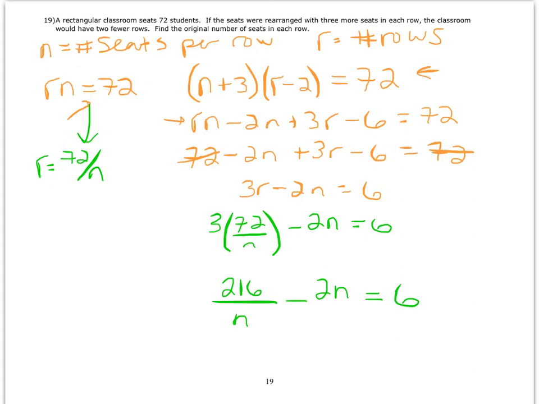So if you think back to when we were solving equations, whenever you had an equation that had fractions in it, to get rid of the denominator, multiply both sides by it. So I'm going to multiply both sides of this equation by n.